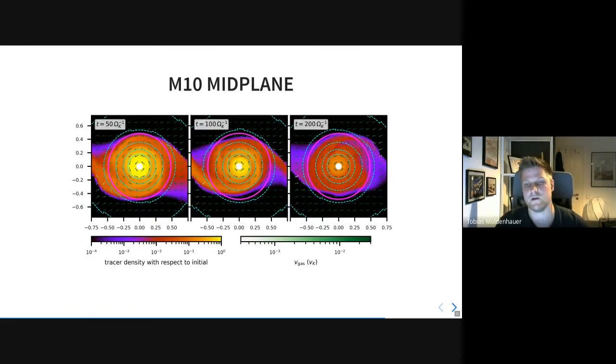Now let's look at what happens if the core mass is changed. So here we have now a 10-fold increase in the planetary core mass. So instead of 1 Earth mass, it's now 10 Earth masses. And as you can see, at first, of course, the atmosphere becomes much larger, even though the plot here is scaled with the Hill sphere.